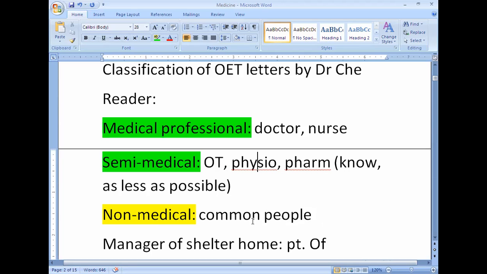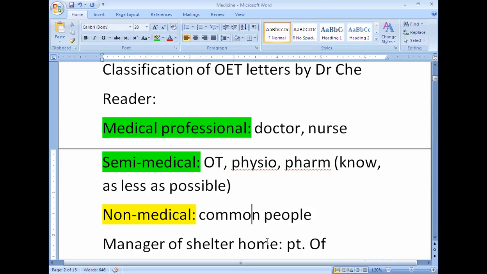So that is non-medical. For doctors, if you are writing to a shelter home manager or any other normal person, it mostly comes in nursing and pharmacist letters. For doctors it is rare, but it can come.